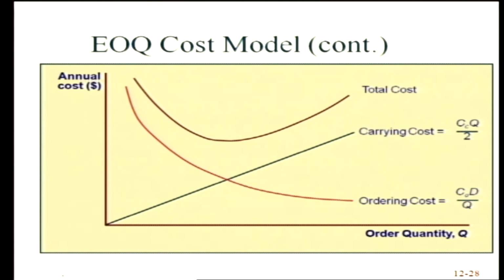This gives you the total cost, which is the summation of the holding cost and the ordering cost. And if you look at the point where the slope is 0, the holding cost is equal to the ordering cost. At that point, we get the economic order quantity, which is the ultimate goal of any inventory management practice: to obtain the quantity at which the ordering cost and the holding cost are optimum.